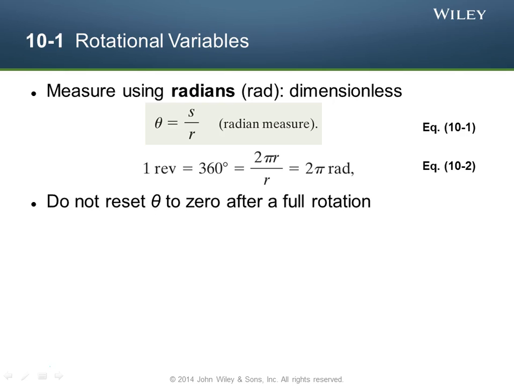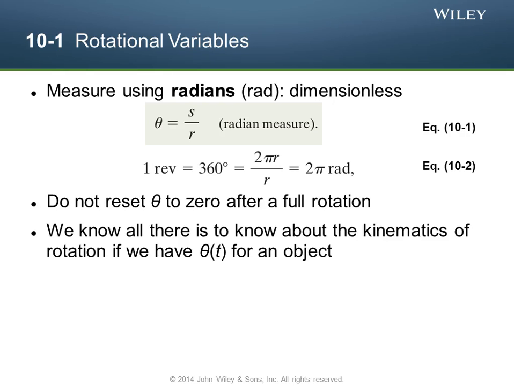It is important not to reset theta back to 0 after a full rotation, because if theta is our angular displacement, we want to continue to track that displacement after one full rotation. So we don't say that 720 degrees is equal to 360 or 0. Yes, in trig functions it is, but when we're dealing with angular displacement, we want to know how much we have rotated, so we continue to accumulate those radians.